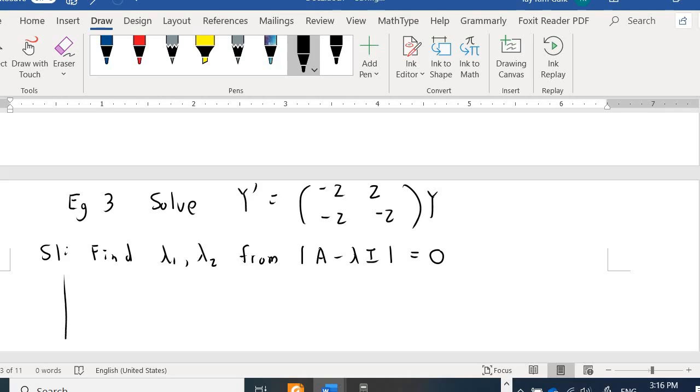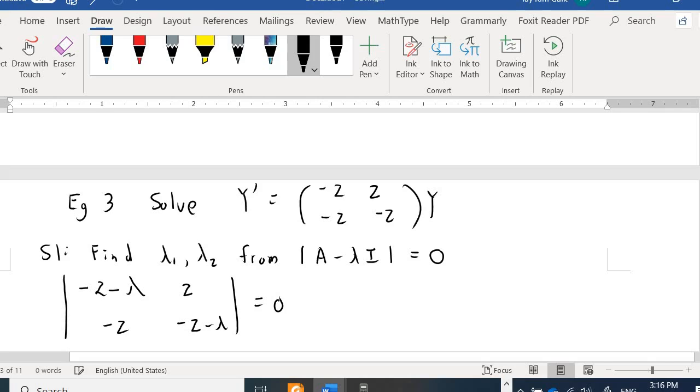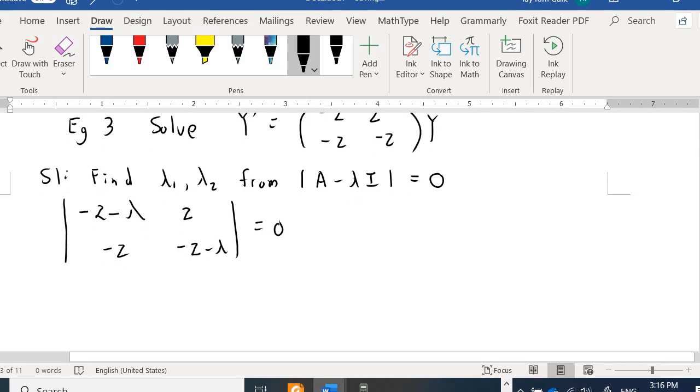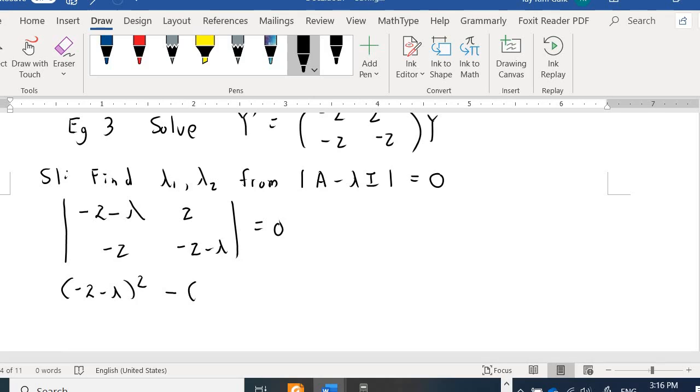So you put up the determinant. We straight away subtract lambda at the main diagonal, so this is negative 2 minus lambda, 2, negative 2, negative 2 minus lambda, equal to 0. Then you calculate the determinant: the product of the main diagonal, negative 2 minus lambda squared, minus the product of the other diagonal, so minus negative 4, equal to 0.